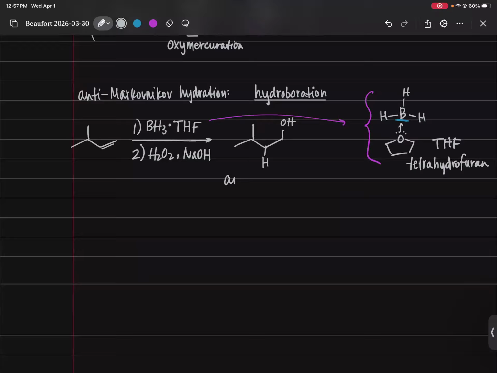So, anti-Markovnikov. So that single bond connection, that's an arrow. It's a special kind of bond. It's kind of like a single bond, although if it was a single bond, we'd have to give the boron a negative charge and the oxygen a positive charge.